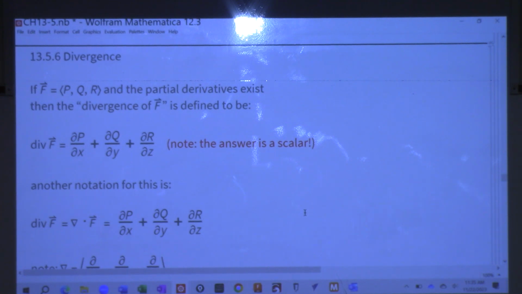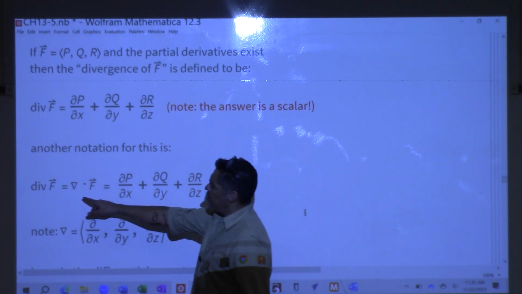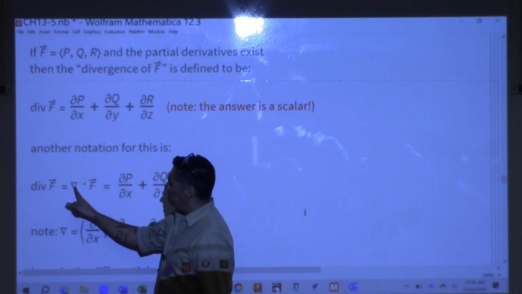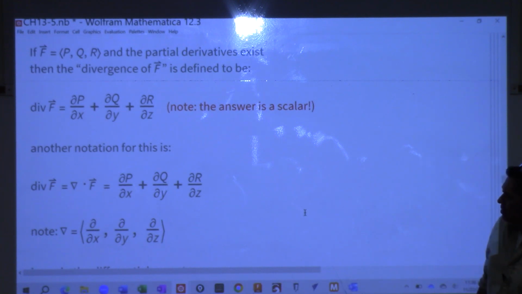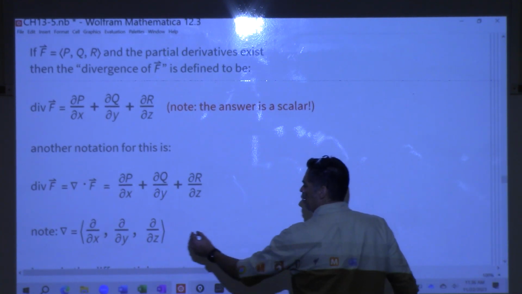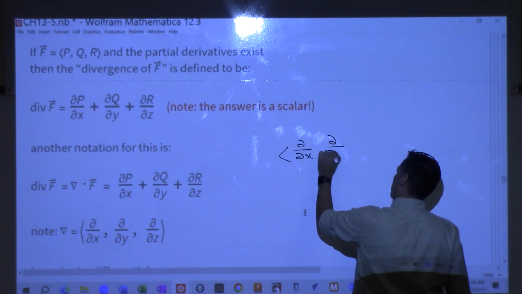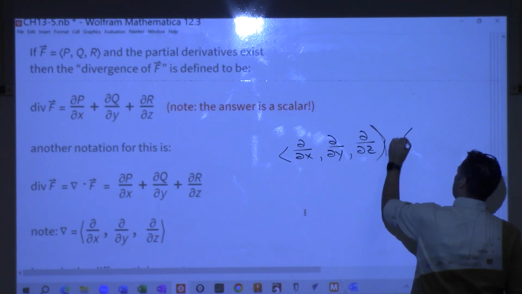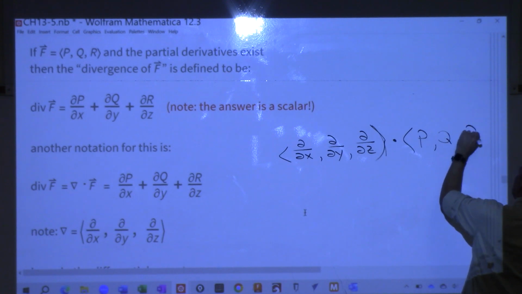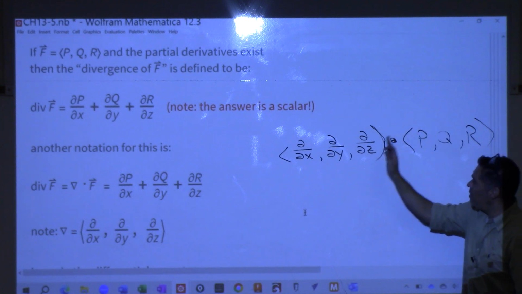Now the notation for this is, you know how we had curl F was del crossed with F? Here it's del dotted with F. It's really just a dot product. If I ask you to take del, that vector, and dot it with PQR, remember how dot products work: it was this times this plus this times this plus this times this.